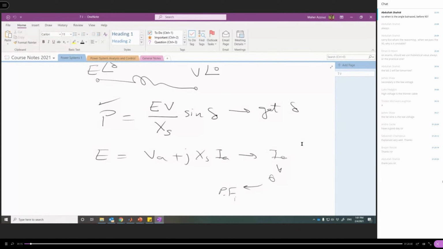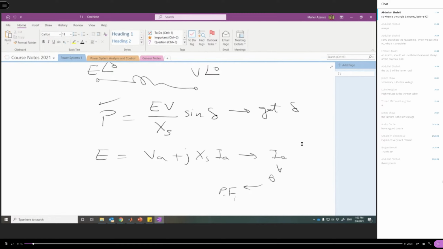This allows us, of course, to increase the efficiency, reduce the losses, reduce the voltage drop across transmission lines, and of course transfer power from different locations or even between countries. Okay, so today's lecture is about modeling single-phase transformers, and at the end we will solve an example, hopefully, if time permits.